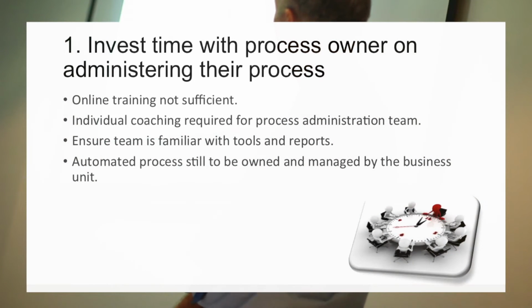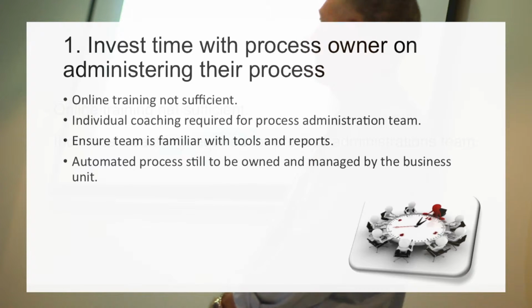So tip number 1, invest some time with the process owner on administering the process. We found that online training isn't enough, so we provided a fair bit of training for process owners and their administration teams on things like using their process portal, one of the things that Andrew mentioned about how to get reports, what to do if people have problems with the process.